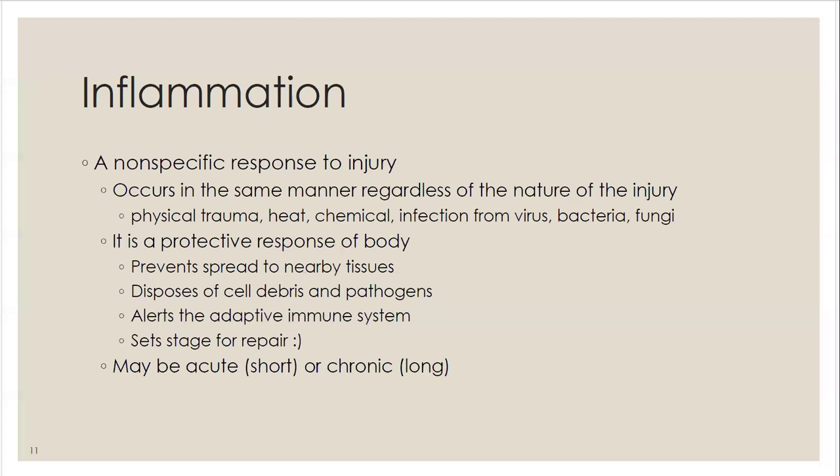So there are different types of inflammation. So you have acute inflammation, which is a short-term response. It's characterized by rapid onset and resolution once the harmful stimulus is eliminated. And an example would be cuts or infections. And then you have chronic inflammation, which is the prolonged response that can result in tissue damage due to continuous immune activity.